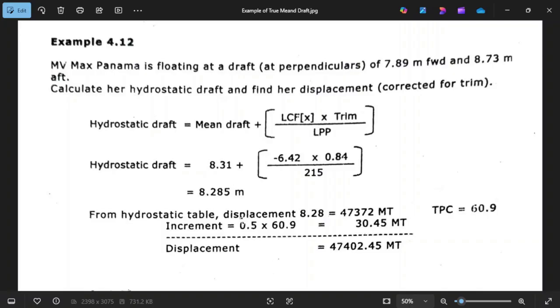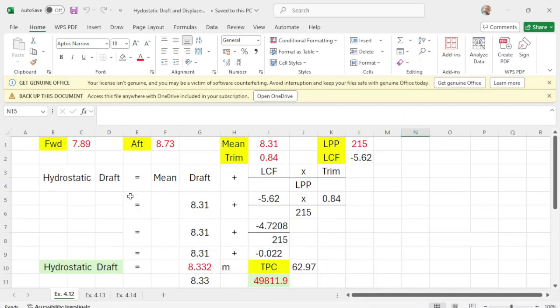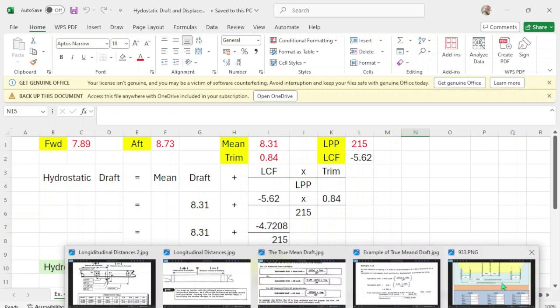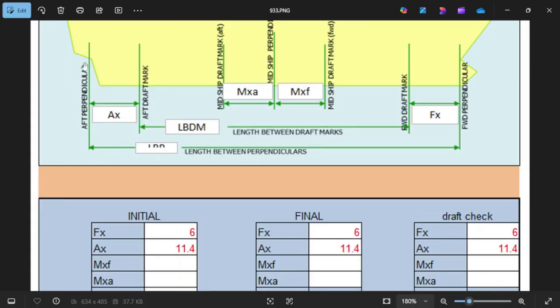Okay. So forward plus aft drop divided by 2, this should be your mean drop. And LPP is 205, meaning the distance between the aft perpendicular and your forward perpendicular.